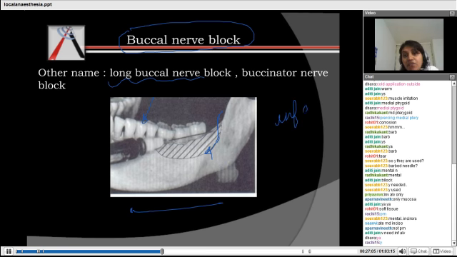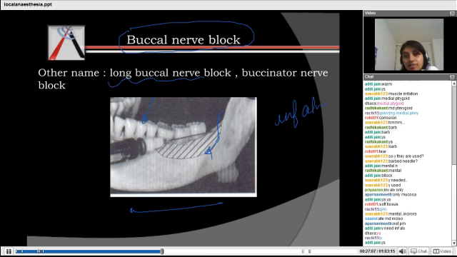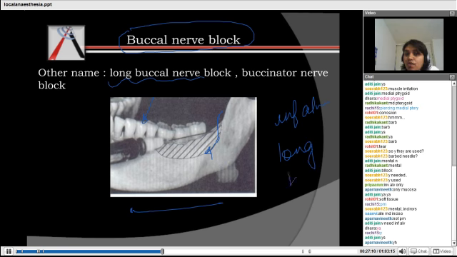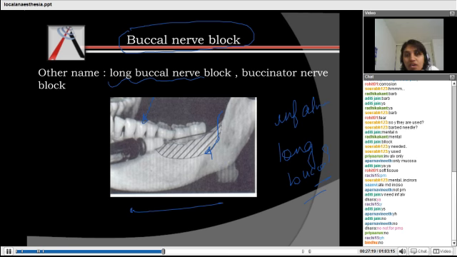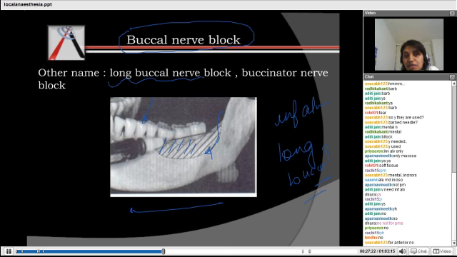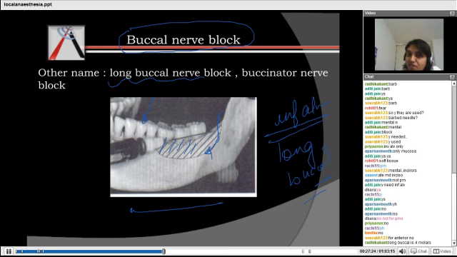If we give inferior alveolar nerve block, do we need to give the long buccal nerve block for it? No, not for premolars, only for molars. For the buccal surface, we need to give the long buccal nerve block. Otherwise, inferior alveolar nerve block will do the job for all the teeth of the mandibular region except the molars. For that, we have to add the long buccal.